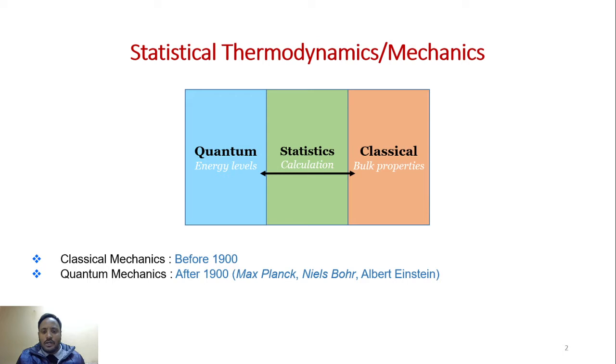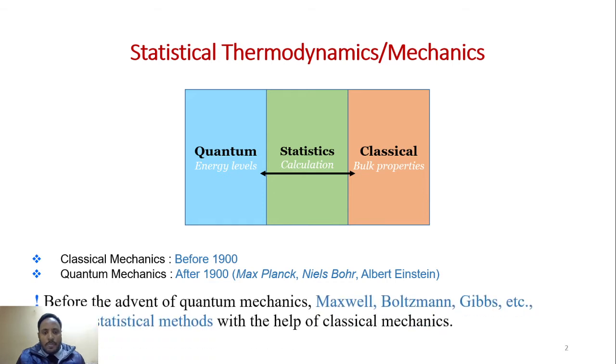They were awarded Nobel Prizes for their groundbreaking works in the field. Interestingly, before the development of quantum mechanics as a subject, many of the statistical calculations were done by Maxwell, Boltzmann, Gibbs and others with the knowledge of classical mechanics only.